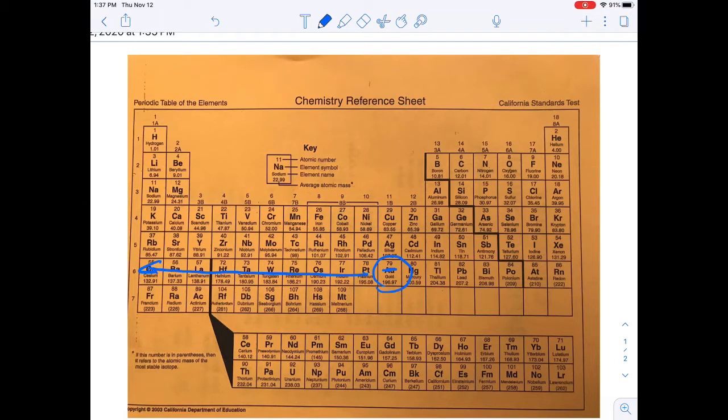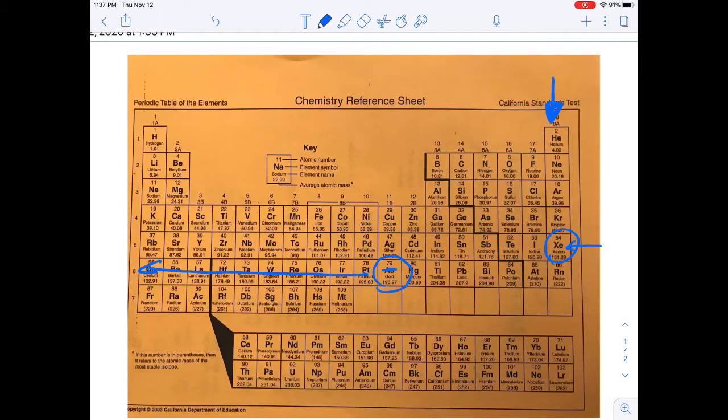I'm not at the noble gas yet, so I have to go over here to number 54, which is xenon. Remember, all of column 18 is your noble gases, and they have a special reason for that, which we will learn in another chapter. So xenon is the noble gas before gold.